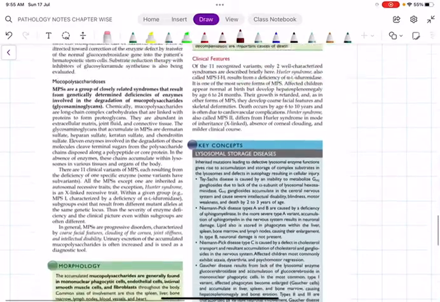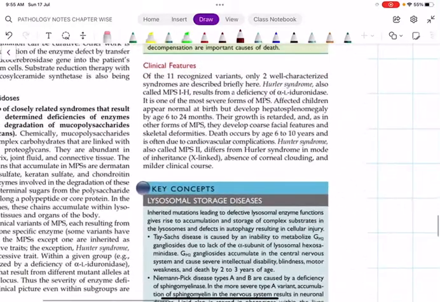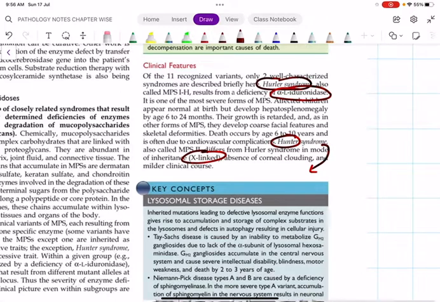Next, a word about the mucopolysaccharidosis. Just one important thing: Hunter syndrome and Hurler syndrome. Usually all mucopolysaccharidoses are autosomal recessive, but Hunter syndrome is X-linked recessive. Now the enzyme deficiency: in Hurler syndrome it is alpha-L-iduronidase, whereas in Hunter syndrome it is iduronate sulfatase.